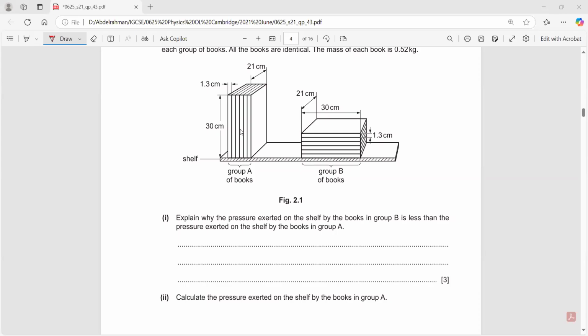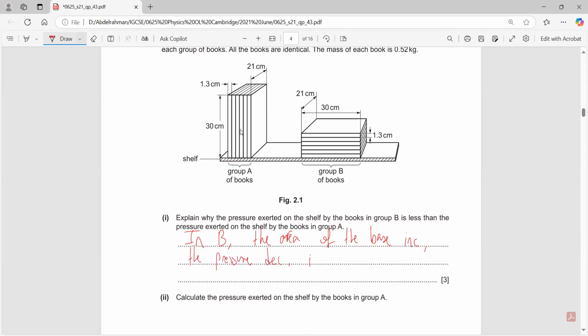Okay, so in B, the area in contact, or let's say the area of the base, increases. As you increase the area of the base, the pressure decreases.